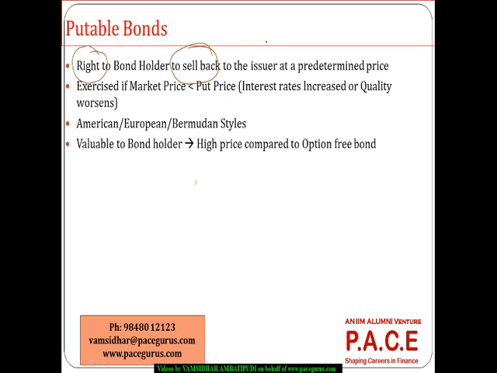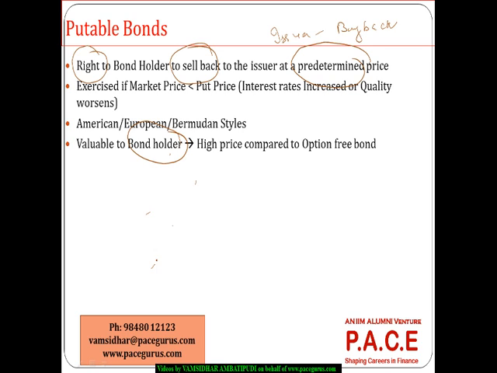In the callable bonds, we talked about the issuer having the right to buy back. But here we are talking about the investor having the right to sell back the bond to the issuer, and the price is predetermined, which means this is more valuable to the bond holder, because whenever he wants to sell off the bond, he can do that at a specified price.